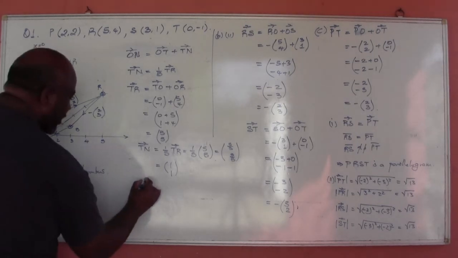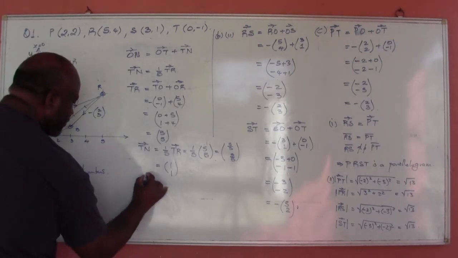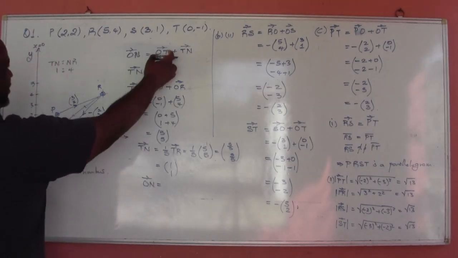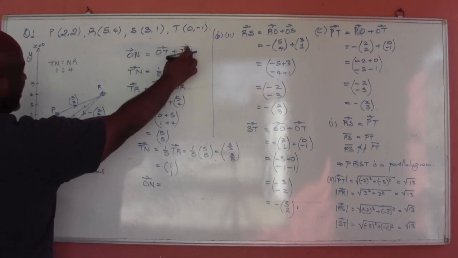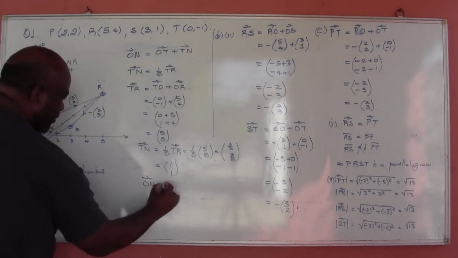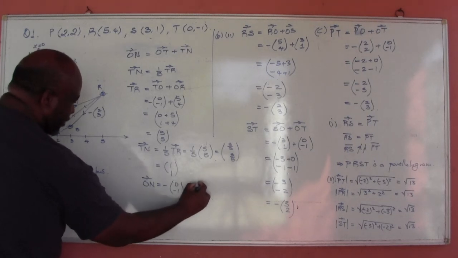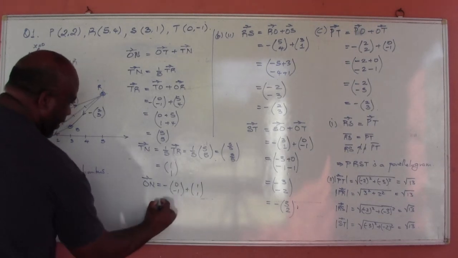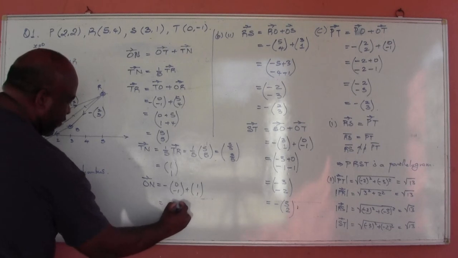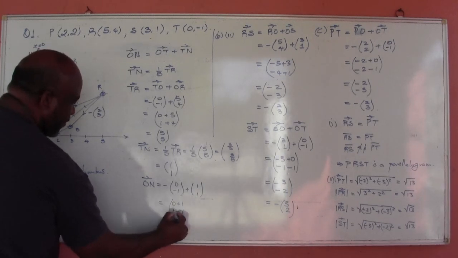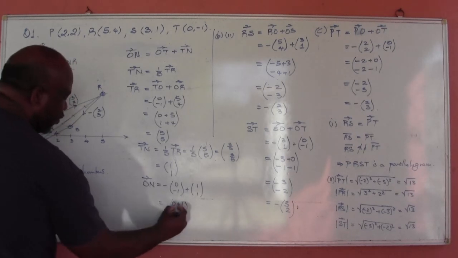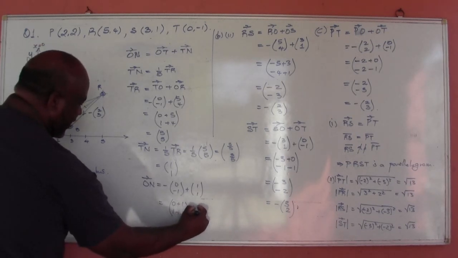So ON, which is OT plus TN, is equal to (0, -1) plus (1, 1). This becomes 0 plus 1, and -1 plus 1.